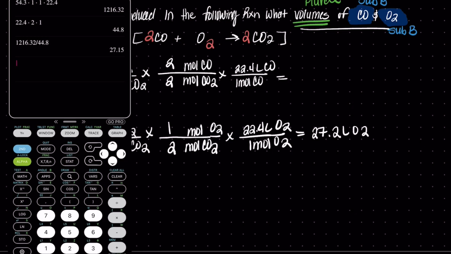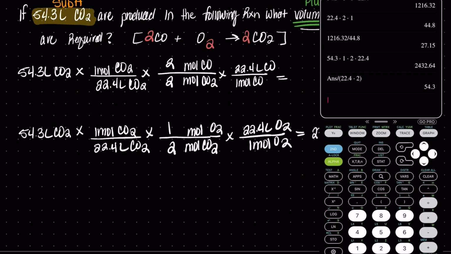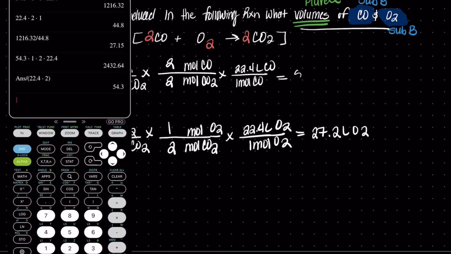Do the same thing over here. For up top, 54.3 times 1 times 2 times 22.4, divided by 22.4 times 2 times that 1, which is not going to help us much. 3 sig figs. 3 sig figs.